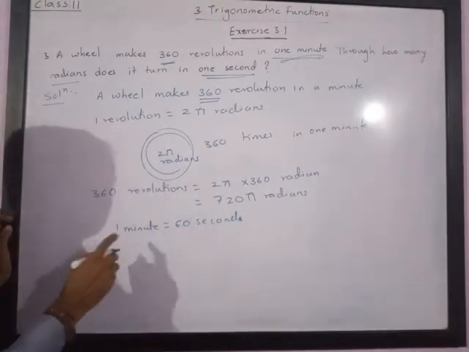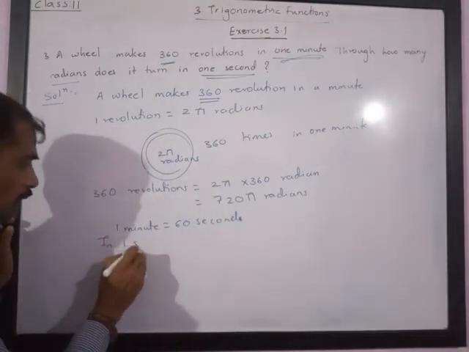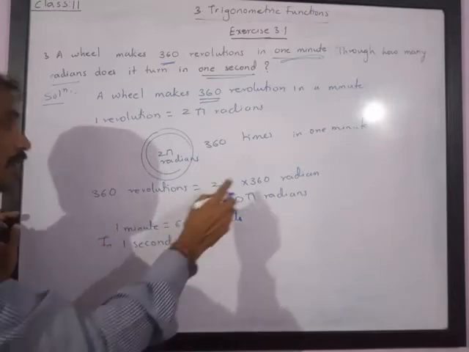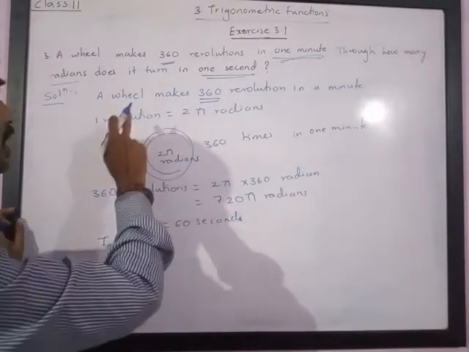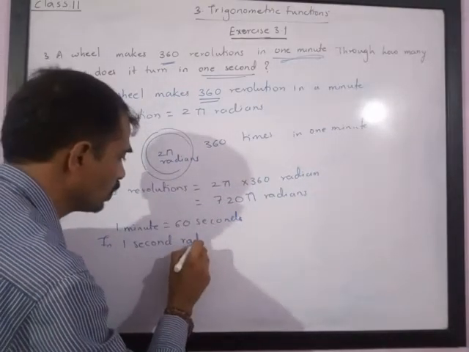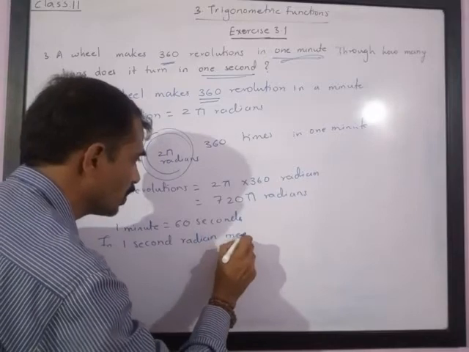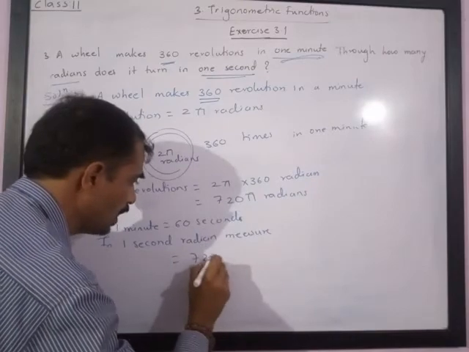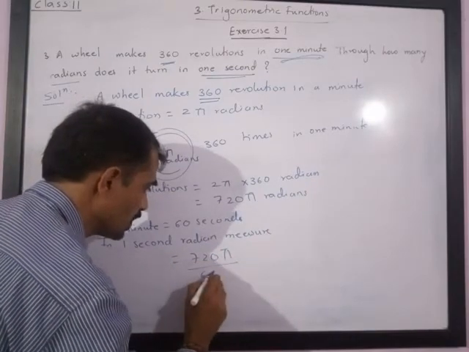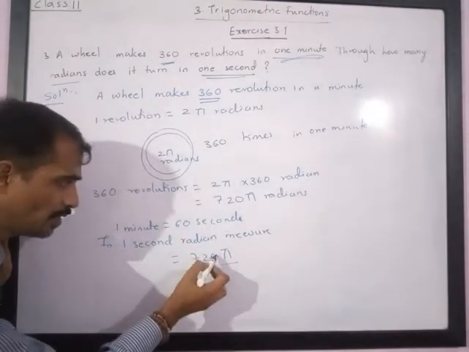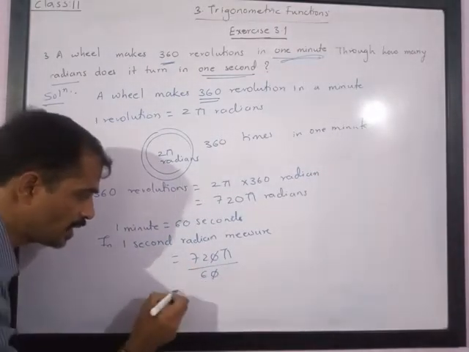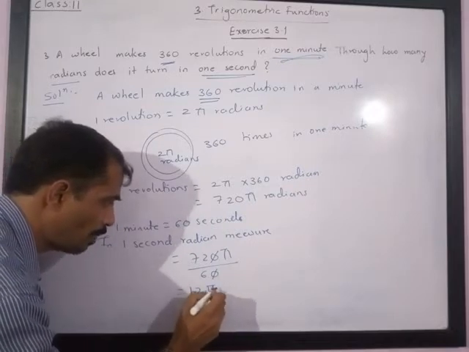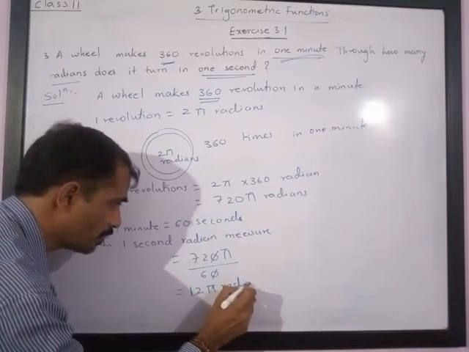So in 1 second, the radian measure is equal to 720 pi upon 60. This is reducible: 0 cancels, 6 ones are 6 and 6 twos are 12. So this is equal to 12 pi radians.